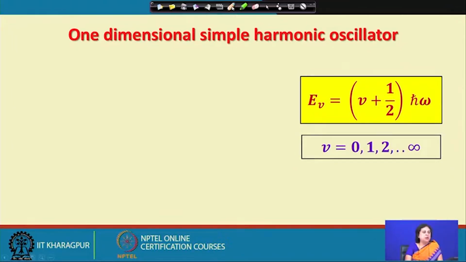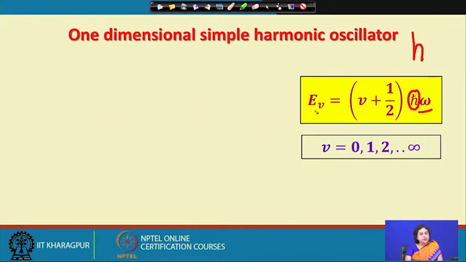In this case, omega is the intrinsic angular frequency of the simple harmonic oscillator. H cross is h by 2 pi, where h is the Planck constant, and this will be used all throughout our discussion.